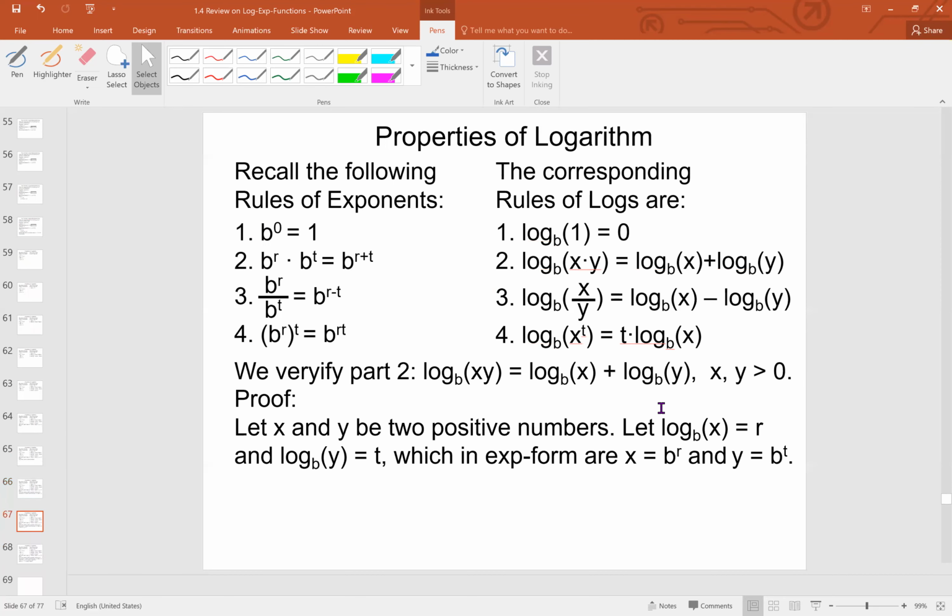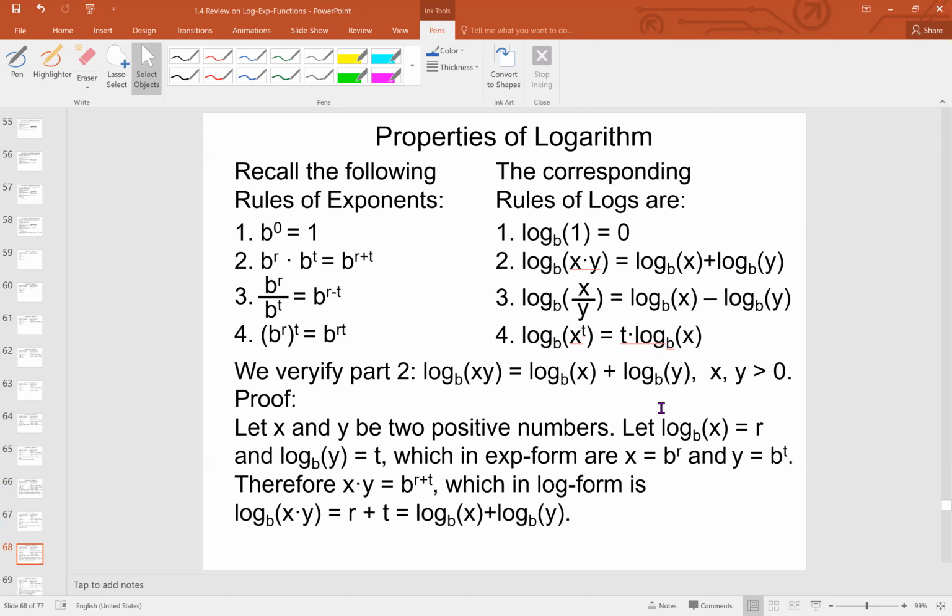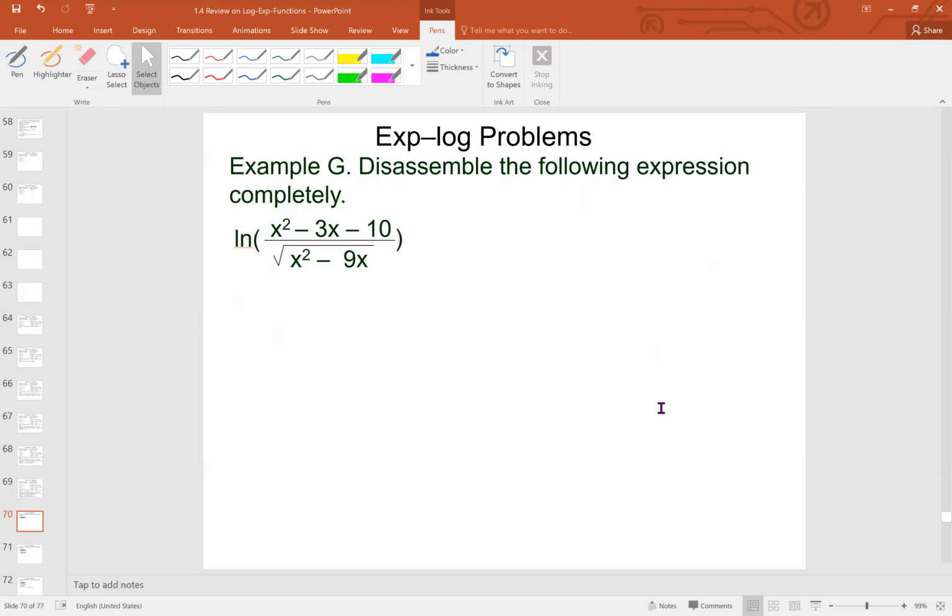You can read the verification of these. And where do we use these? It turns out we use these to break up formulas in calculus. So for example, here are some examples. I call this disassembling, so we use those rules to disassemble formulas.